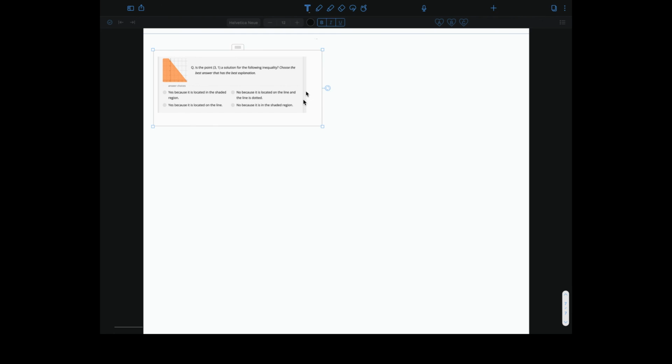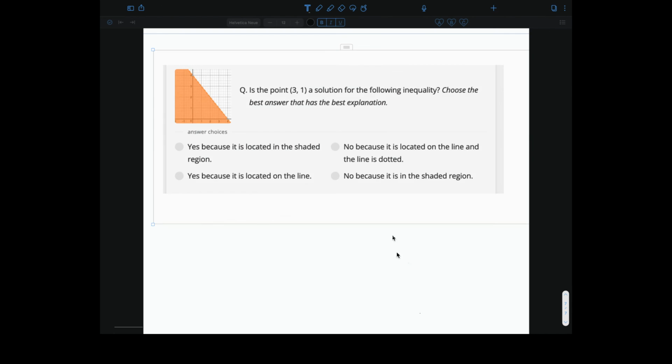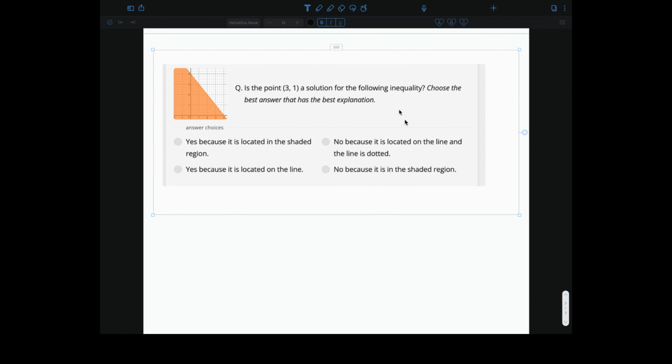All right. Last one. Is the point 3, 1 a solution?